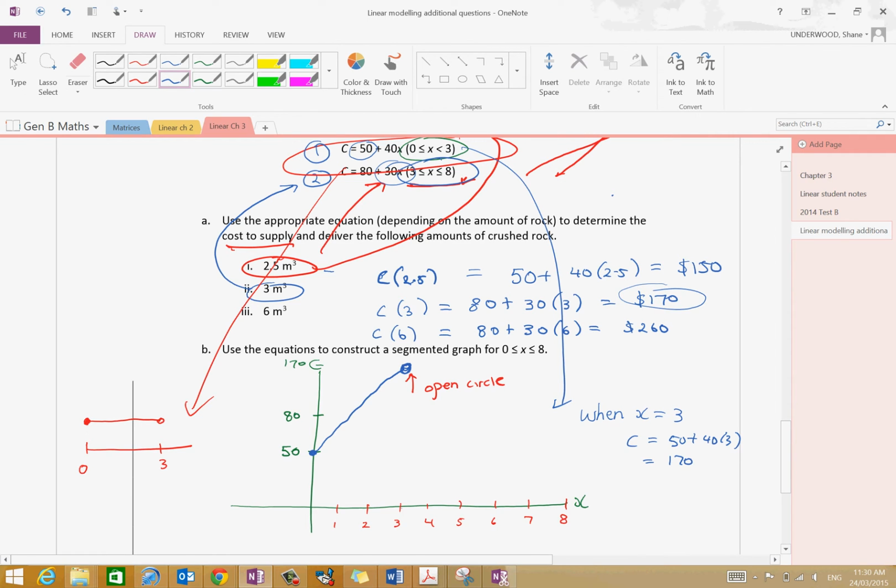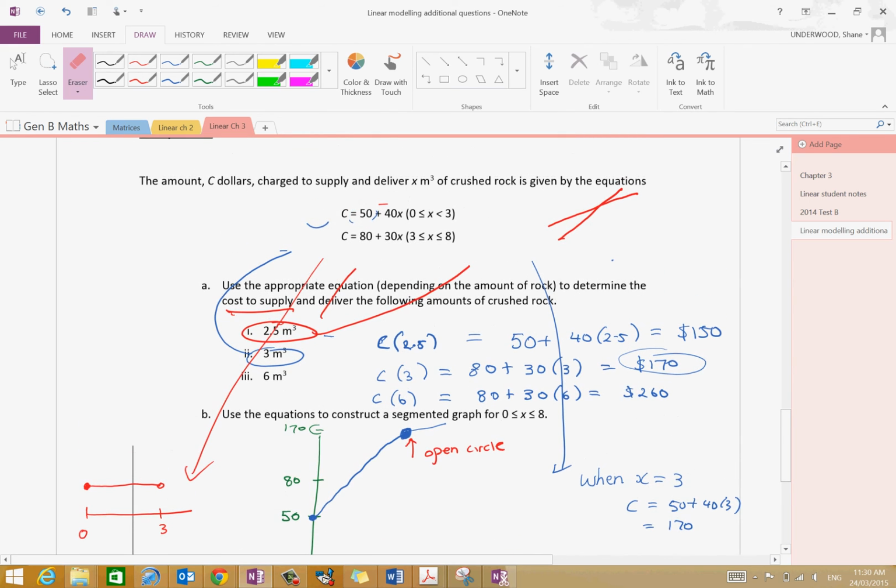So we actually do include that point because it's inclusive. It does include the point (3, 170). And what is the end point when x is equal to 8? So we've got to sub in and find the end point, and we've now done a segmented graph.